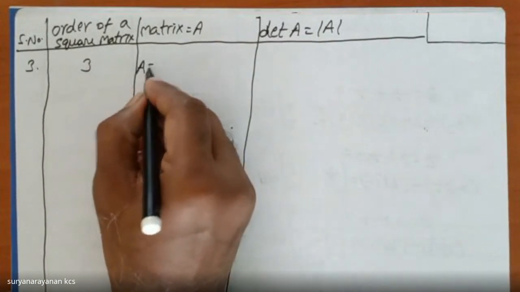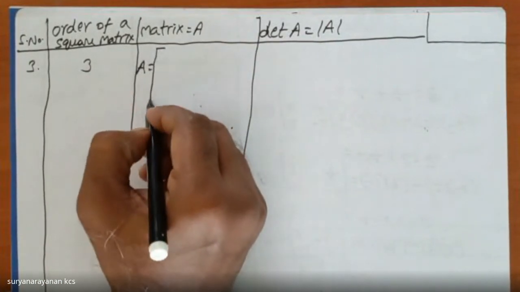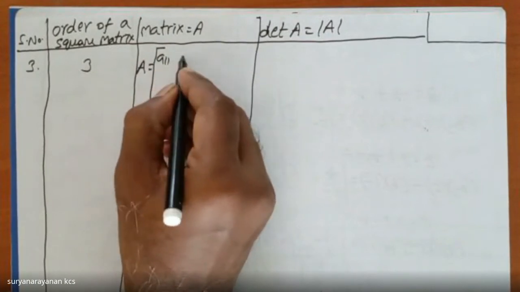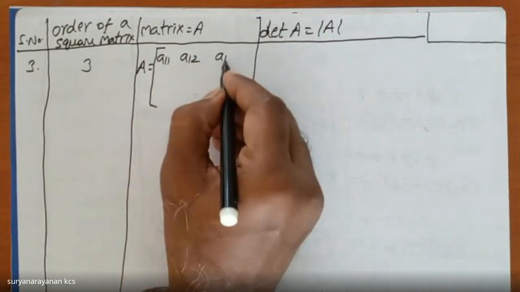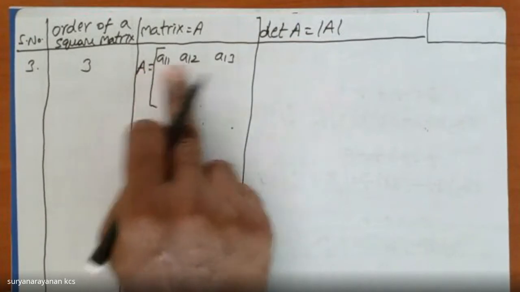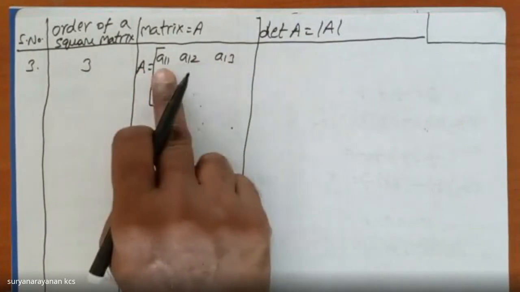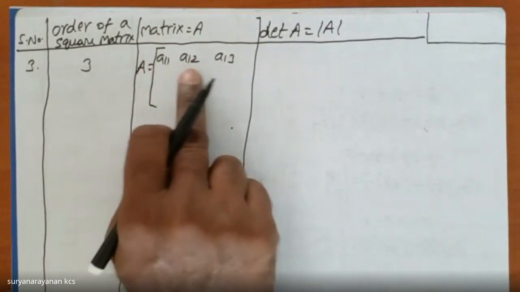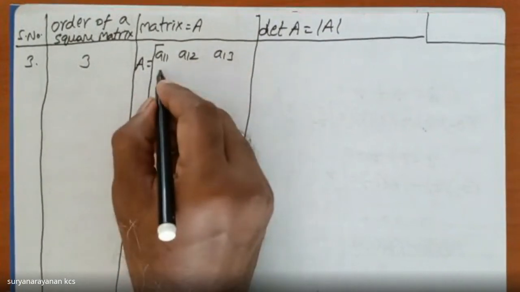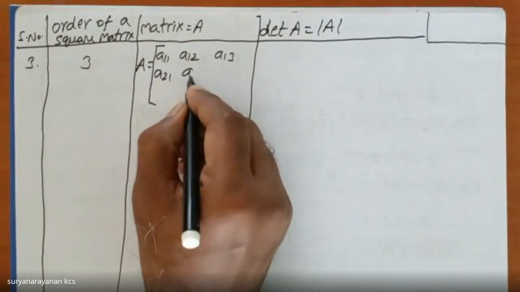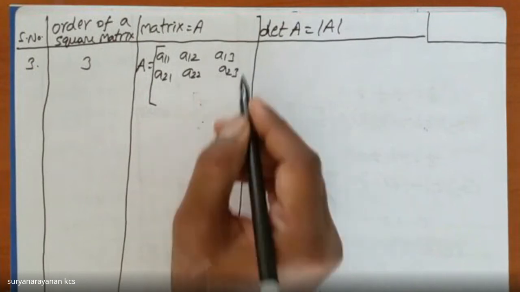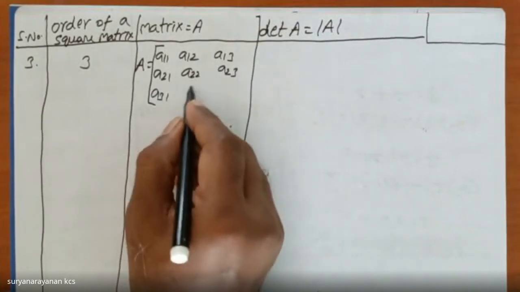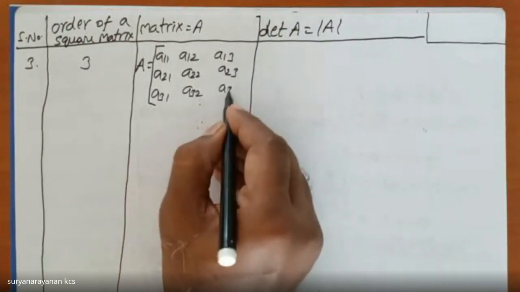So matrix A is equal to A11, A12, A13. These are the elements in the first row. Second row elements A21, A22, A23. A31, A32, A33.